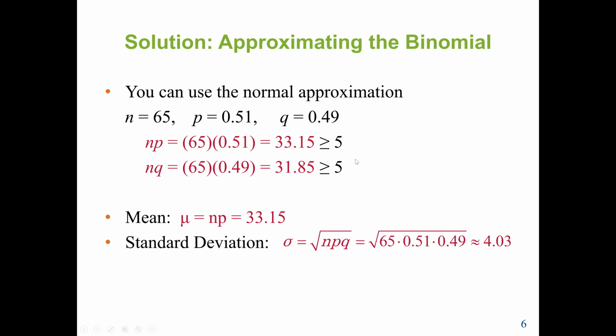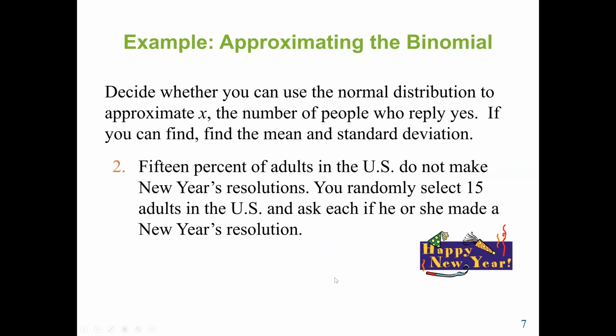In this question, the sample size is very big, 65 adults. So NP and NQ are greater than 5, the mean is 33.15, the standard deviation is about 4.03, and we can approximate it.